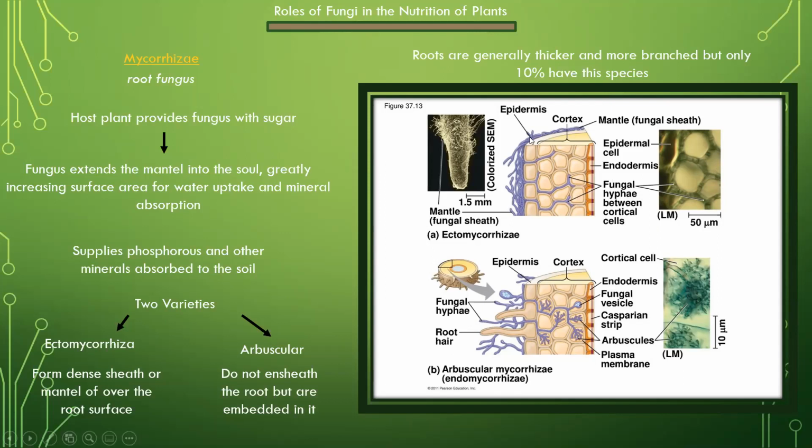They're covering the plant root, and then they're digging inside. And then for this other one, the arbuscular ones, they're actually inside the cells, right? They're actually going and digging inside the cells of the plant and becoming part of it. And so there are many different types of these mutualistic relationships that are occurring in the environment and in the soil.